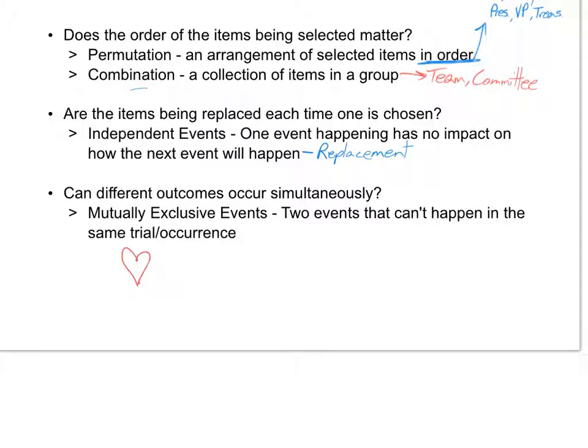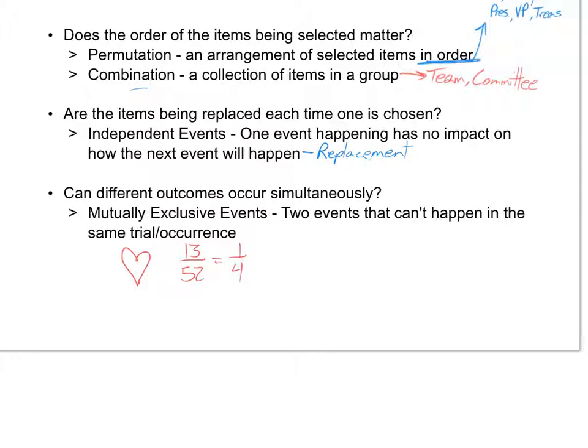If I pick a card out of the deck, what are my chances of actually getting a heart? 1 out of 4, because there's 13 hearts out of the 52 cards, and that's 1 out of 4.